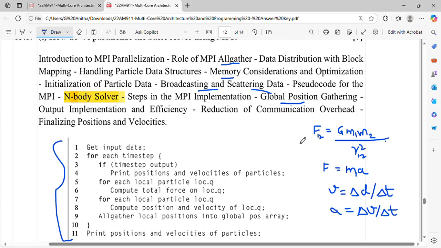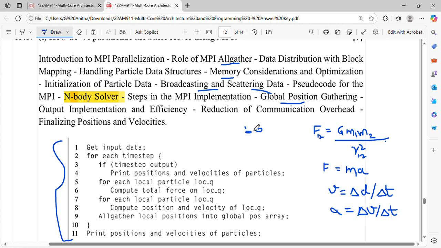Then we are going to see the different formulas used to compute the positions and velocities of the atoms. Here we are using Newton's law, F1,2. I am taking two different atoms, 1 and 2, into consideration.